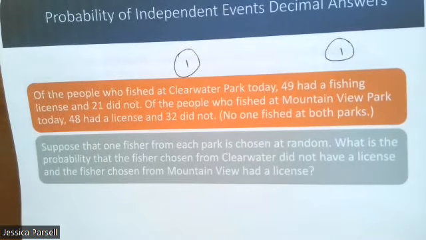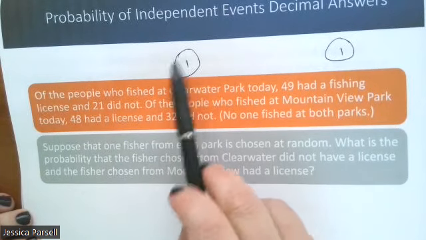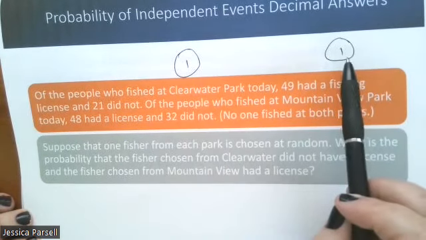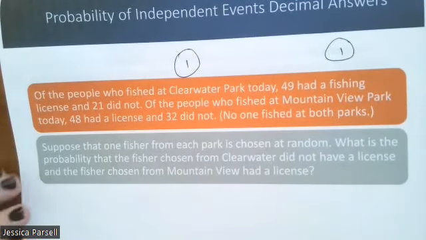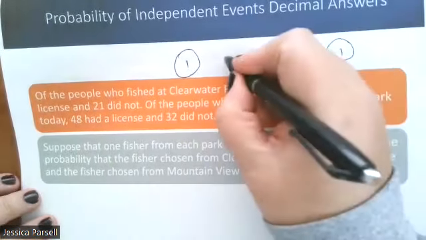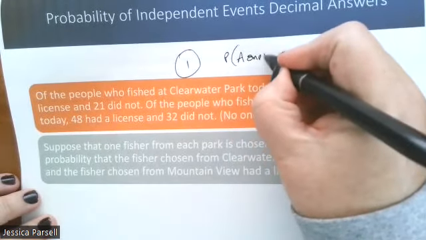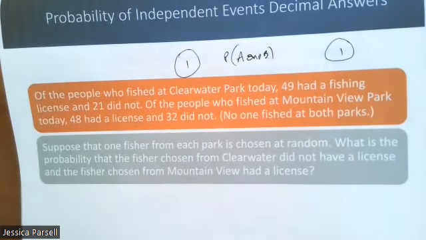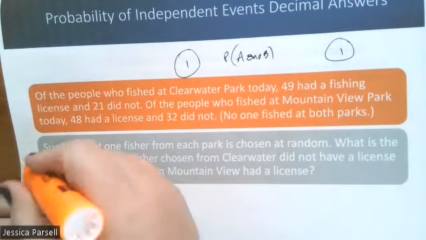Hopefully you're realizing they're independent because picking a fisher from this park has no effect on the probability of picking a fisherman from this park here. And so they are independent, which means we can break out our rule, the probability of A and B. They're asking us, what's the probability that the fisher chosen from Clearwater did not have a license?